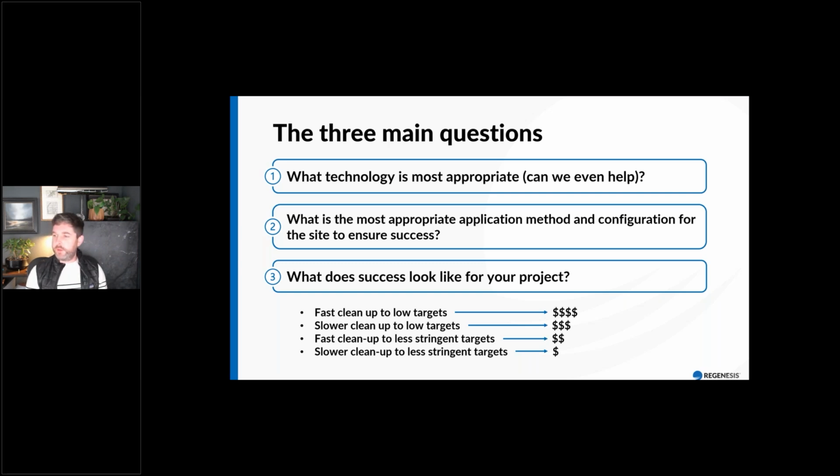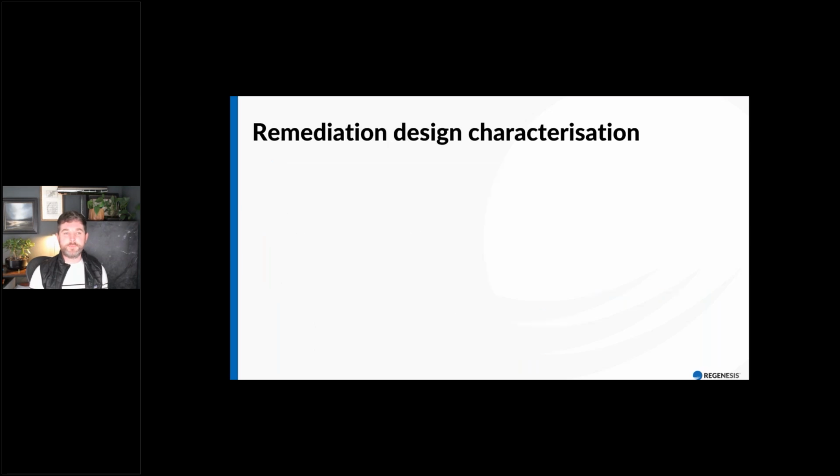Jim is going to be talking about a chlorinated solvent site where we had to reduce really high contaminant levels by something like 90-ish% within 12 months. And that is something that we had to do very quickly. But if we had had 5 years to do that, the cost impact would have been significant.